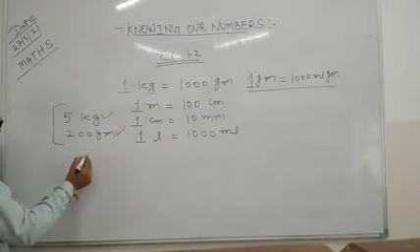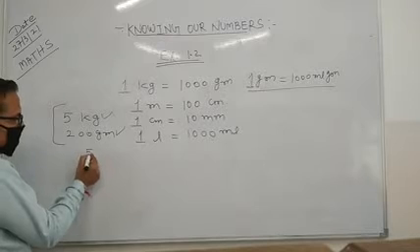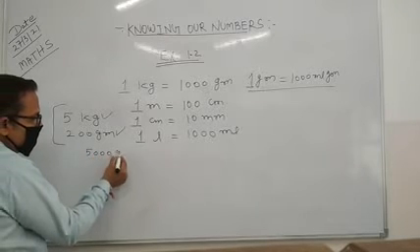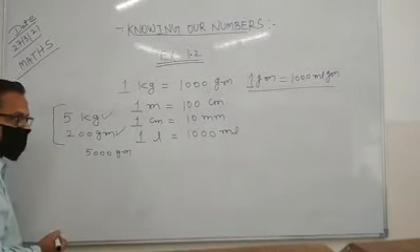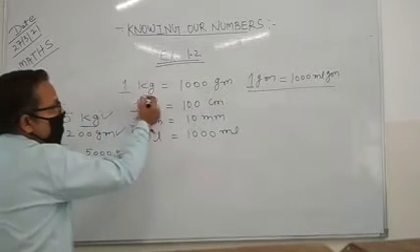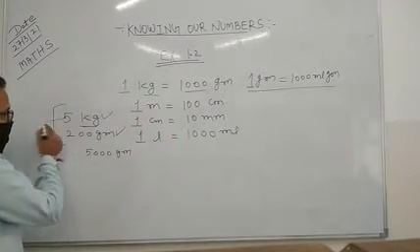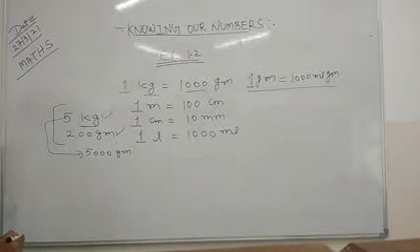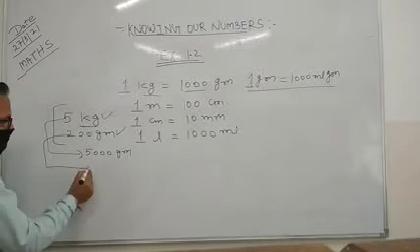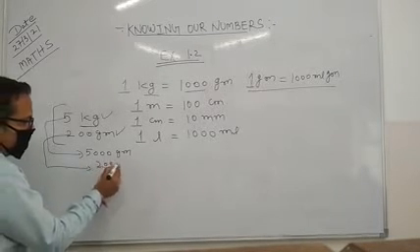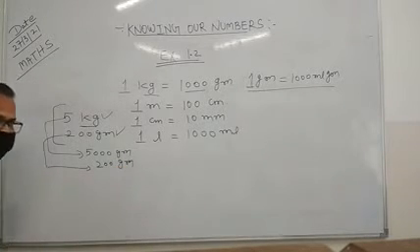Suppose we change into grams. So 5 kilograms is equal to 5000 grams, because 1 kilogram equals 1000 grams. And the other is already in grams, 200 grams.